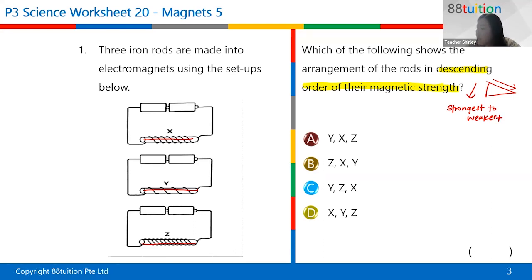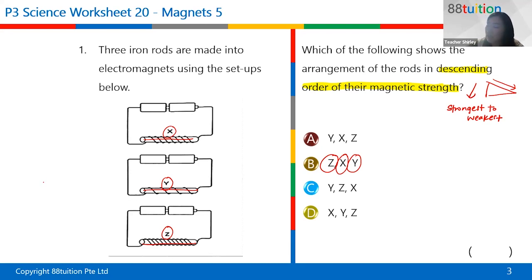So from the strongest to the weakest, the strongest would be Z, because Z has the most coils around it. Then of course followed by X, and then followed by Y. Y has the least coils around it, so Y is going to be the weakest.